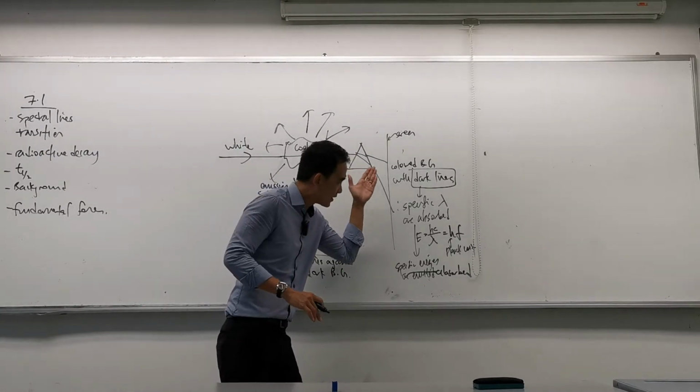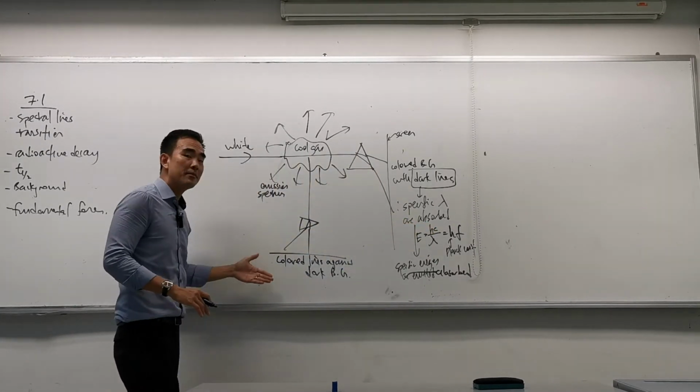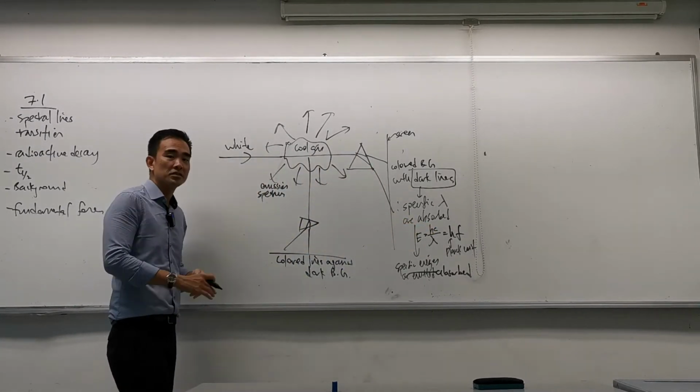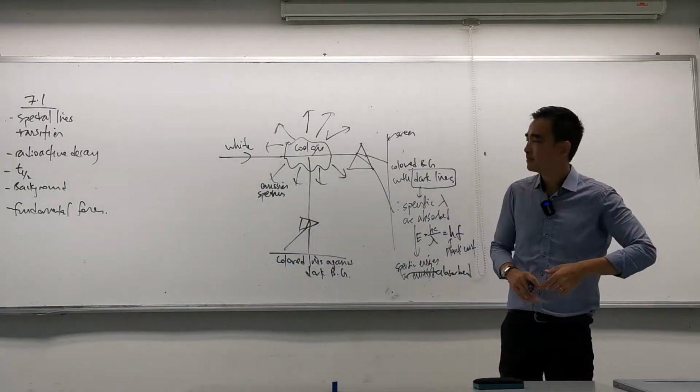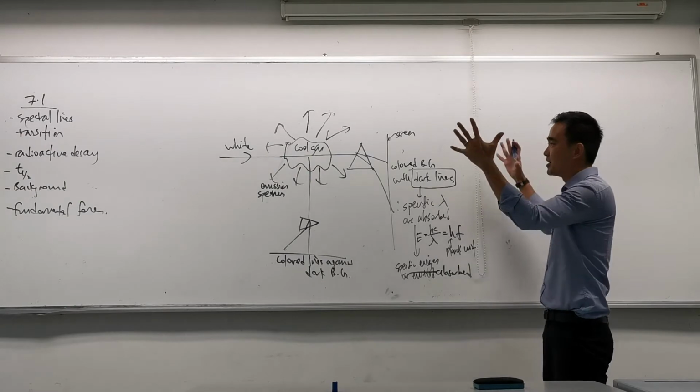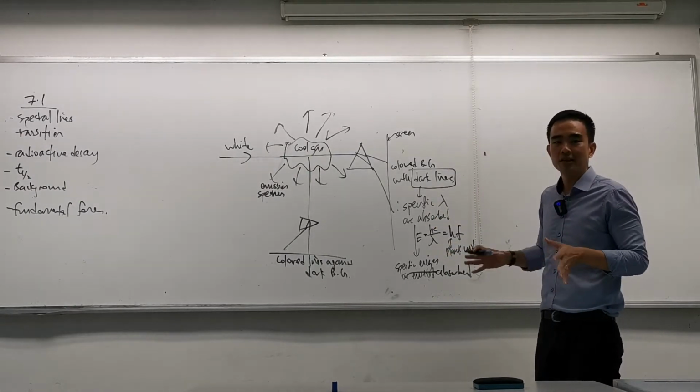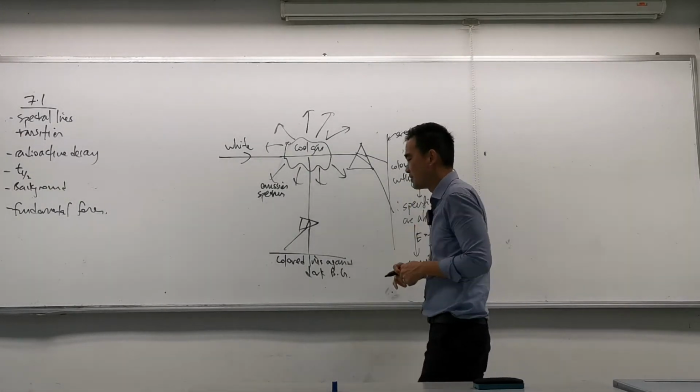Because the energies that are absorbed over here are re-emitted here. It is a dark background because it doesn't contain all wavelengths. That's why it's only specific wavelengths. All right, so this is basically the theoretical understanding of why this is really important.